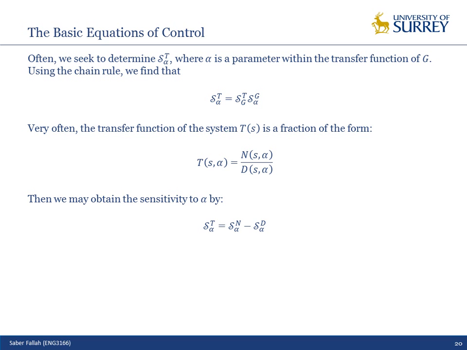So one engineer, I'm not sure about the name, but I can tell you later, a British engineer I think, formulated these relations in order to show his boss how robust the system is against the sensitivity of the transfer function.